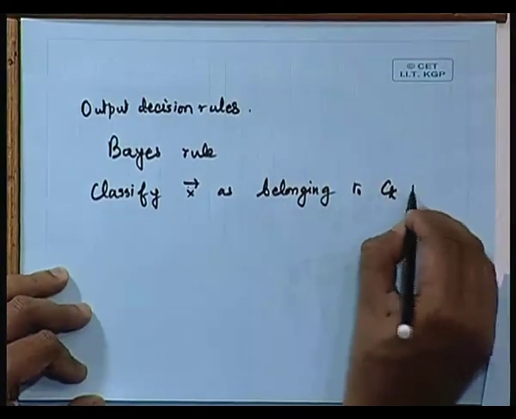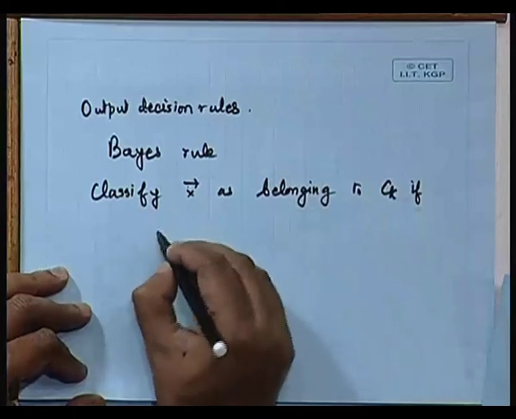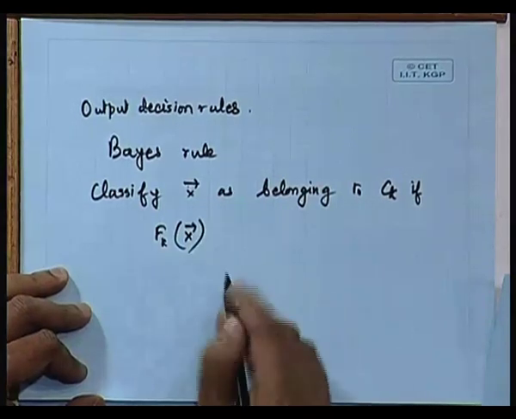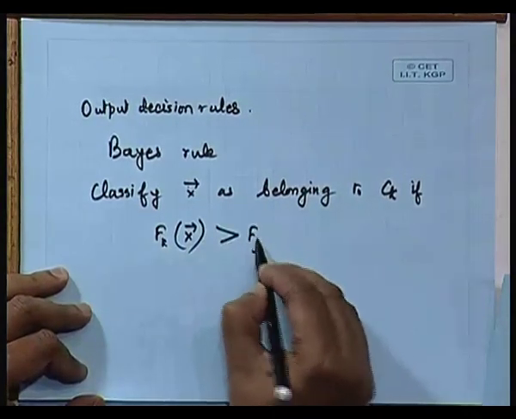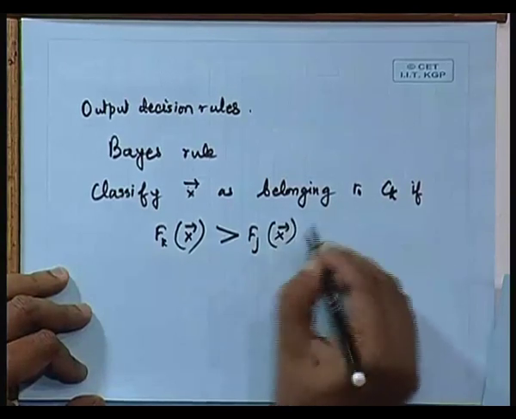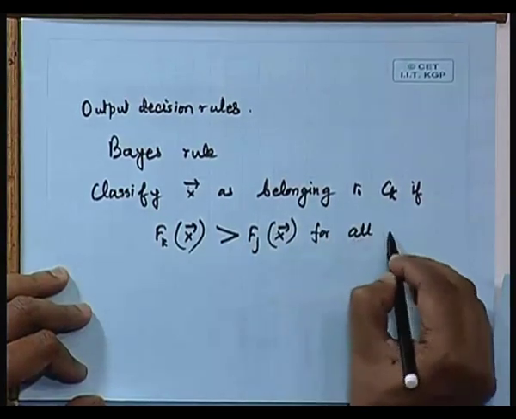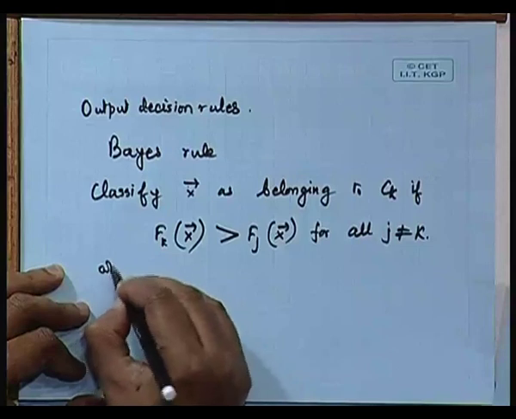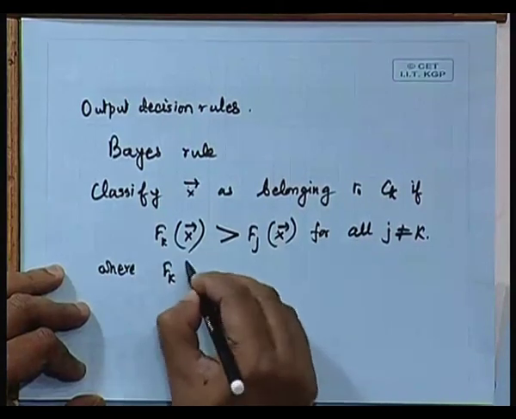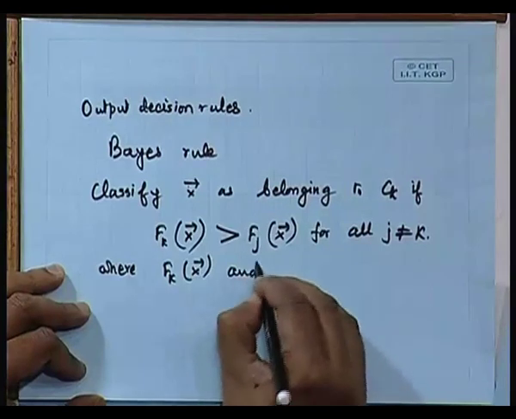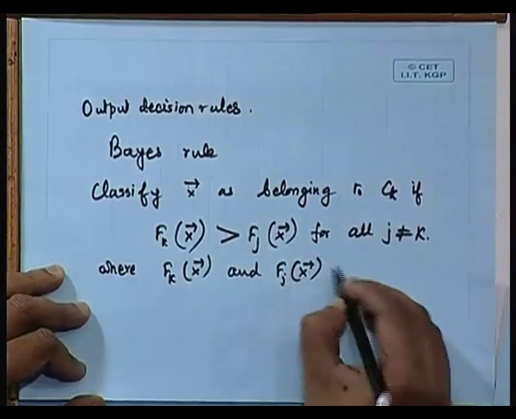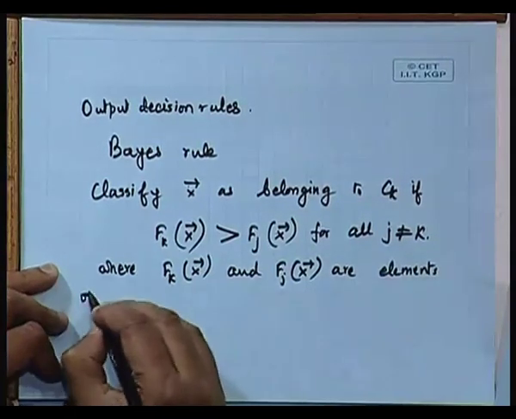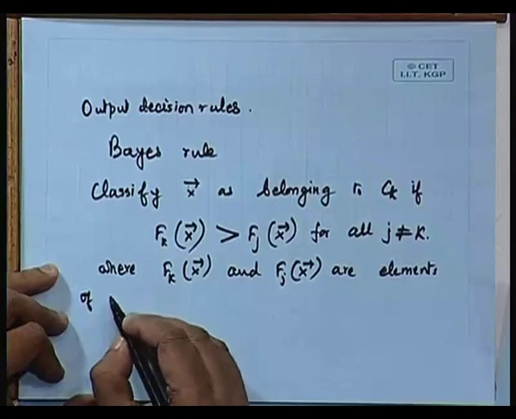Classify it into Ck if Fk of x is greater than Fj of x for all j not equal to k, where Fk(x) and Fj(x) are elements of the F vector.